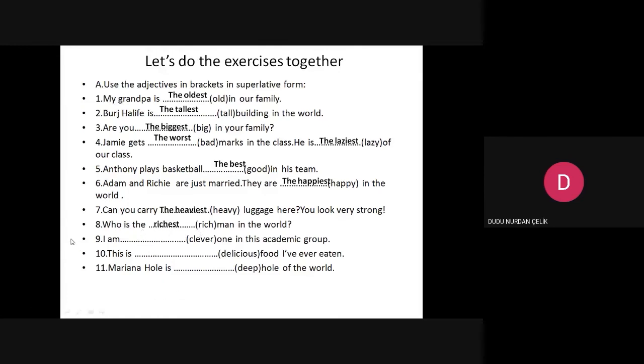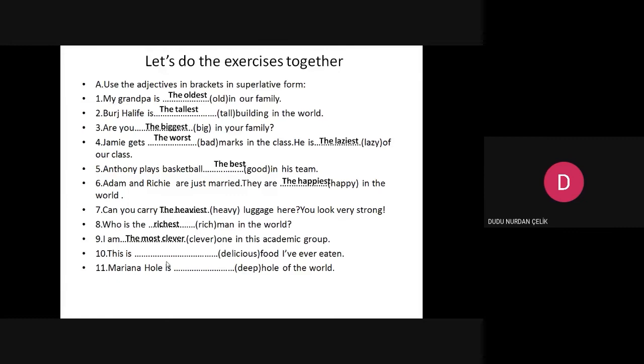Okay, look at this one. Clever. I am clever one in the academic group. We say, I'm the most clever one in the academic group. Okay, try this one. This is delicious food I've ever eaten.